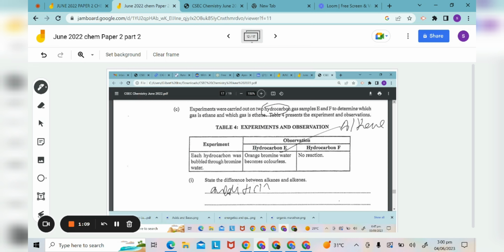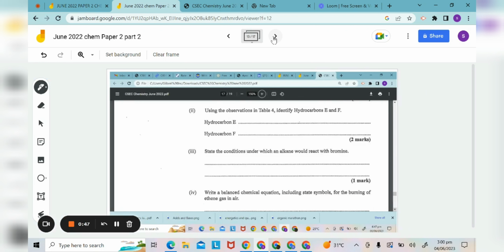If F did not react, it means that this is the alkane, because for an alkane to react with a halogen, you need some light. Okay, so I'm going to assume that there was darkness here, and this is, of course, the alkane. All right, so that's that.